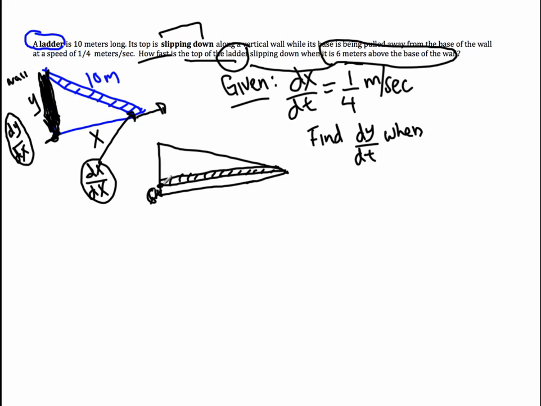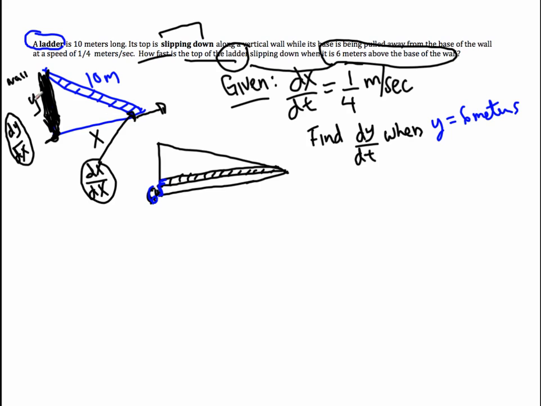So what measurement do I really have? In this case, it is not x that is given, but it's 6, because I want to know exactly when it is 6 meters above the base of the wall. So when y equals 6 meters.